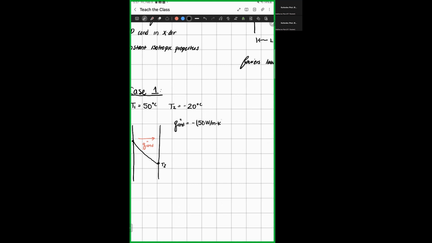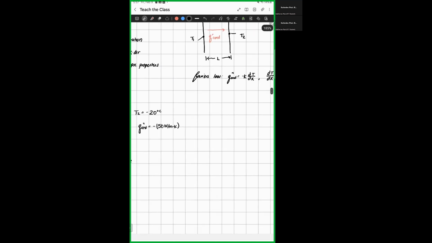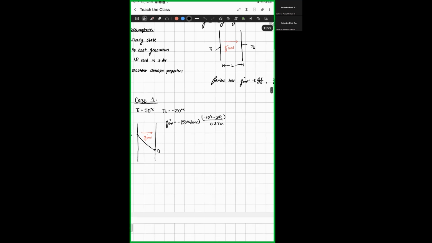per meter Kelvin, and then T2 minus T1, so that was negative 20 degrees Celsius minus 50 degrees Celsius over the length 0.35 meters. For this example, and also in general for the examples here, we won't have to convert any of the temperatures to Kelvin because it is the difference between the two.